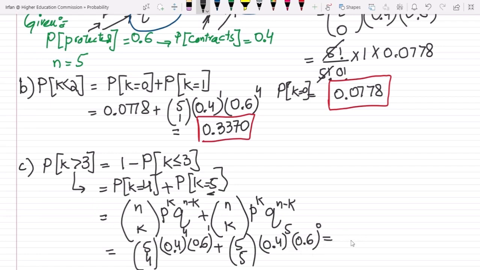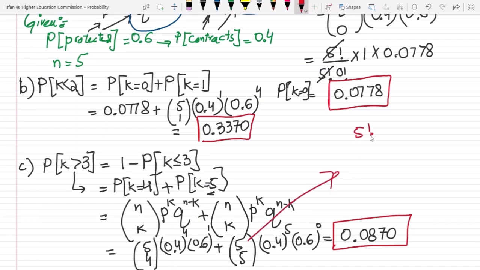Solving them all, ultimately the answer would be 0.0870. That is the solution of the question we have found. In doing so and writing the answer directly, I assume that you can do all these calculations manually as well, because this would be 5 factorial divided by 5 factorial into 5 minus 5, which becomes 0 factorial, and here it would be 5 factorial divided by 4 factorial, and then 5 minus 4, which is 1 factorial.